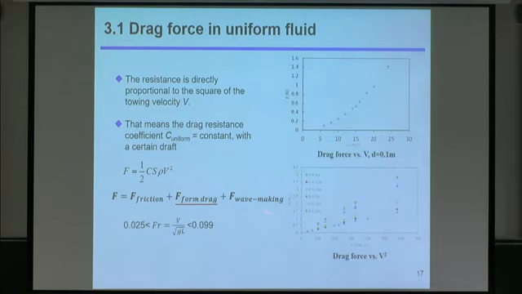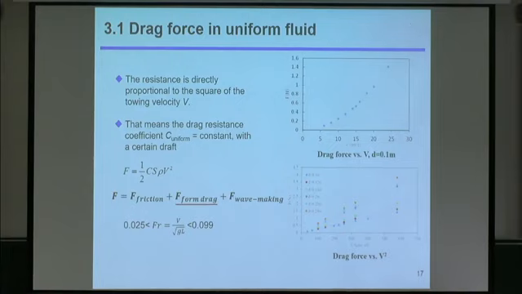Why is it a constant? Because the drag force can be separated into several parts: the friction, the form drag and wave making. But in these cases, the towing speed is very, very slow, so this part and this part can be neglected.